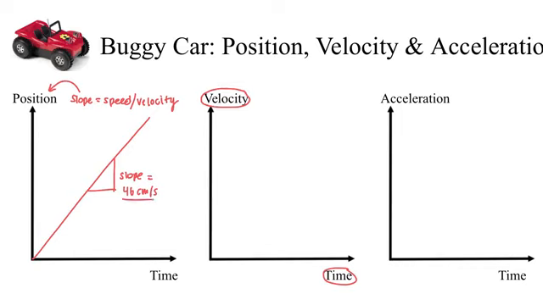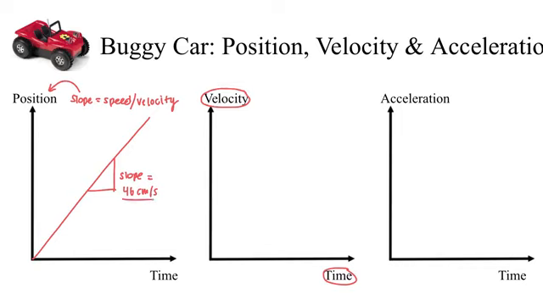I'll say this is 46 centimeters per second, and at every time it's the same value. So we actually get a flat line for our velocity. What this is saying is that at every point in time, all along this time axis, our velocity is just 46 centimeters per second. It doesn't change, basically.